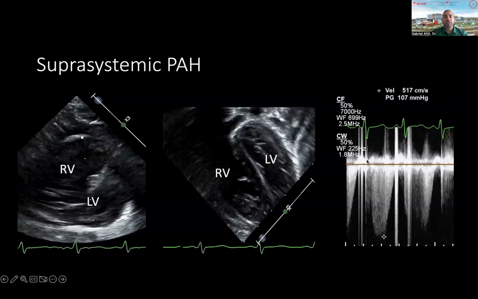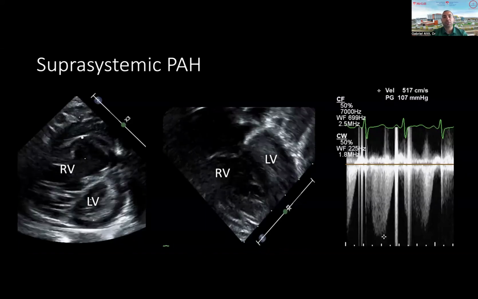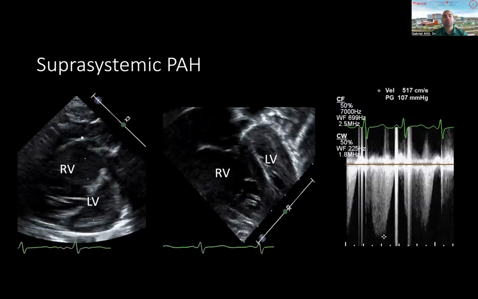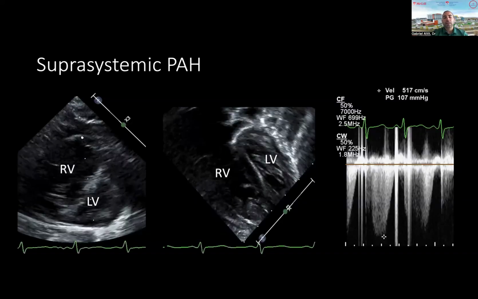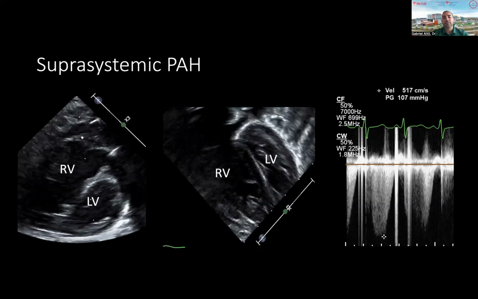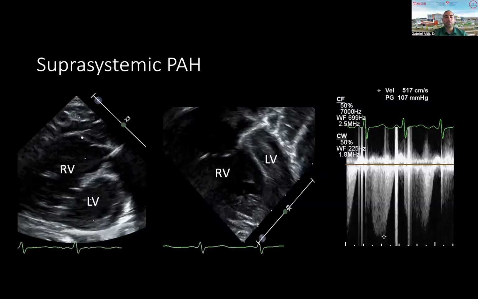So this is pretty much the picture of a patient with bronchopulmonary dysplasia who presented with suprasystemic pulmonary arterial hypertension. BPD is a quite complex condition of the lungs, the pulmonary vasculature, the airway, the pulmonary veins, and the pulmonary arteries and capillaries and lymphatics.